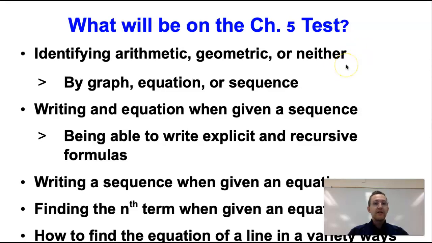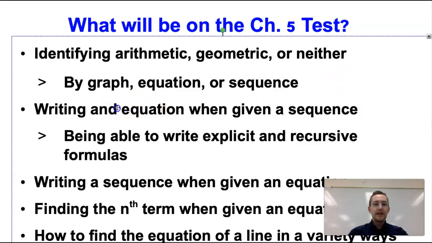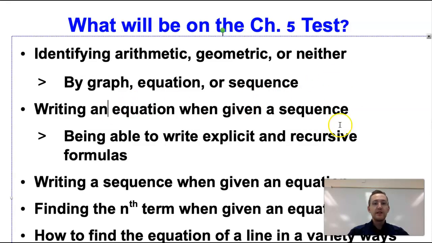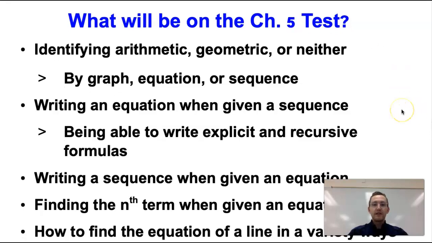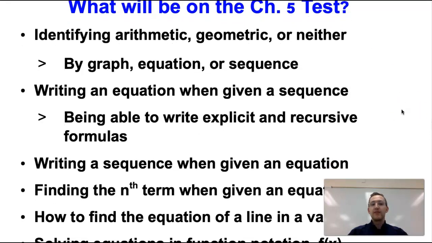We should also know how to write an equation when given a sequence. So if we had a whole list of numbers, we want to be able to write the explicit and recursive formula from that list of numbers.